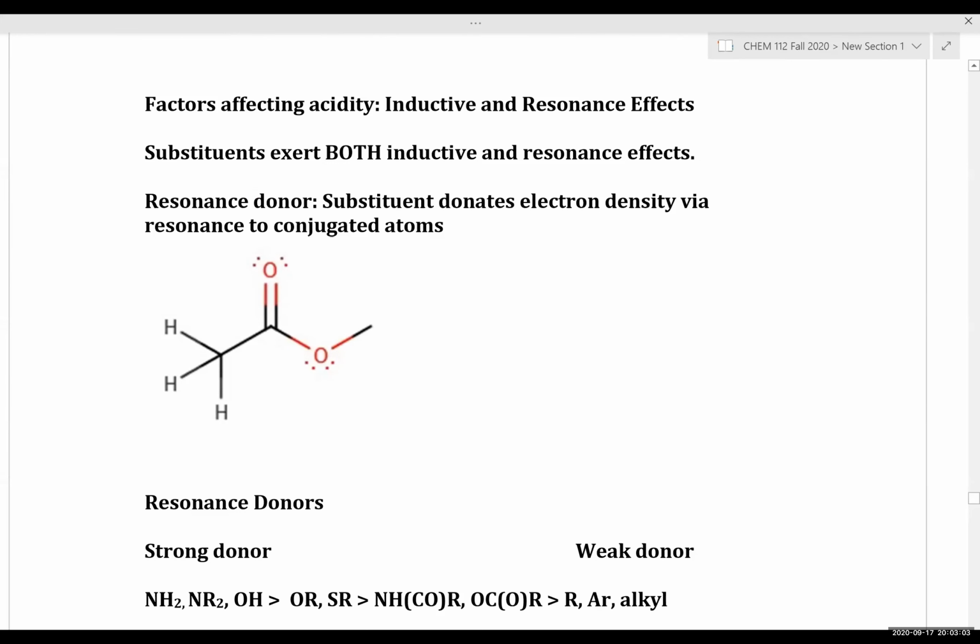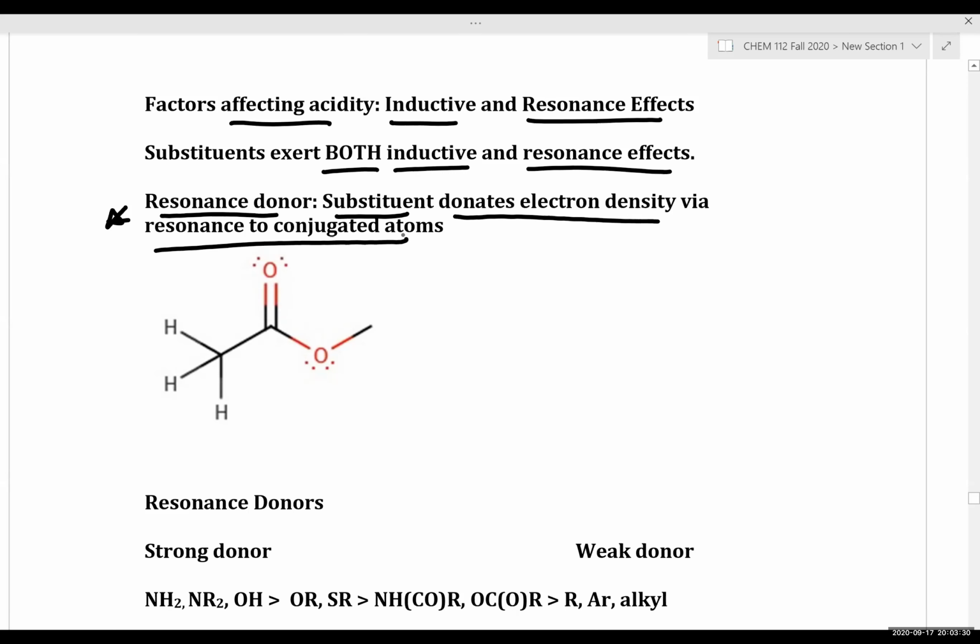So let's talk about factors affecting acidity, and let's talk about inductive and resonance effects together. Substituents, so different functional groups, can exert both inductive and resonance effects. And we call a resonance donor a substituent that donates electron density via resonance.